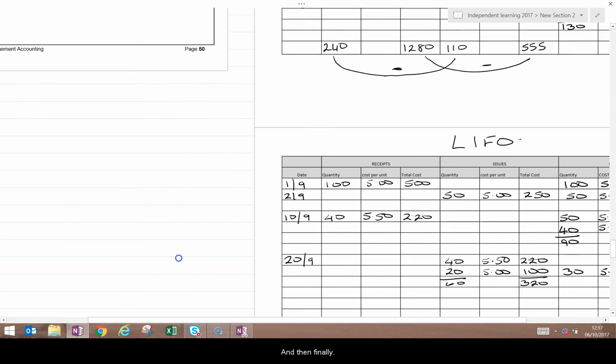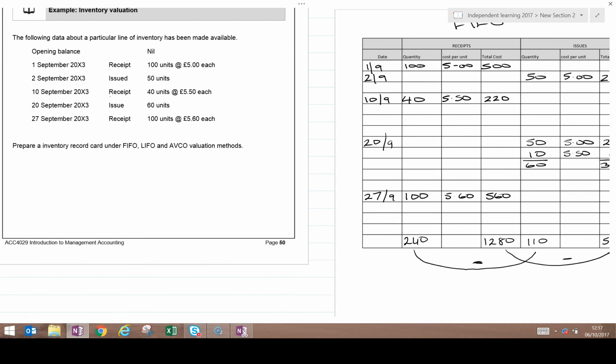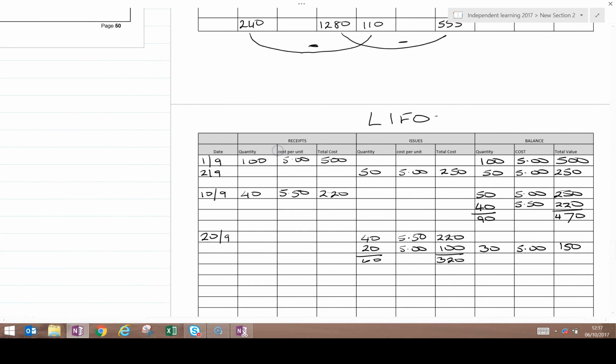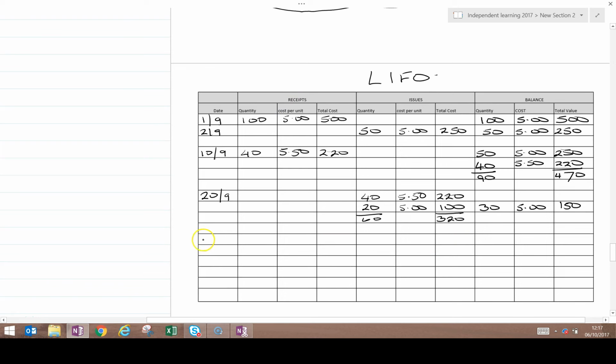And then finally, 27th of September, receive another 100 at £5.60, which gives us 560.